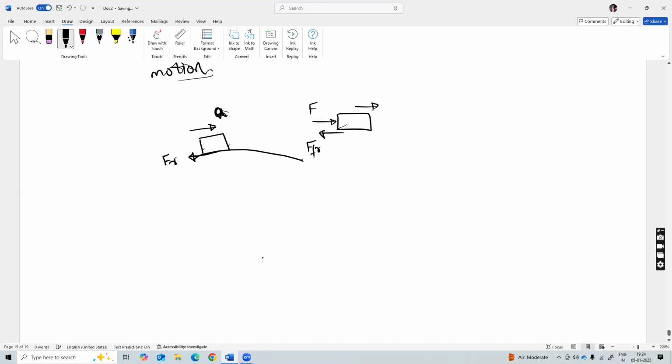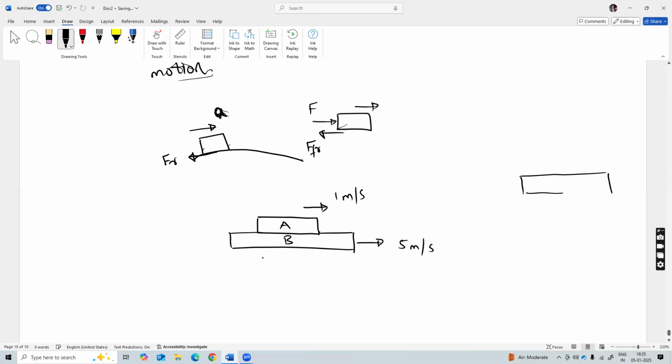Now if you consider two bodies, let's say this is body A, moving with velocity 1 meter per second, and there is body B, moving with velocity 5 meter per second. On body B, friction will act in the opposite direction.